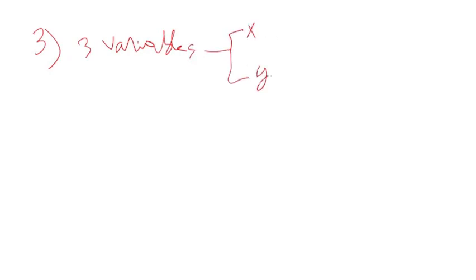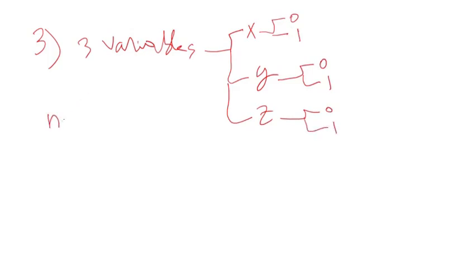Now, what if we have 3 variables? We can call them x, y, z. Obviously x can take value 0 or 1, the same thing with y, and the same thing with z.